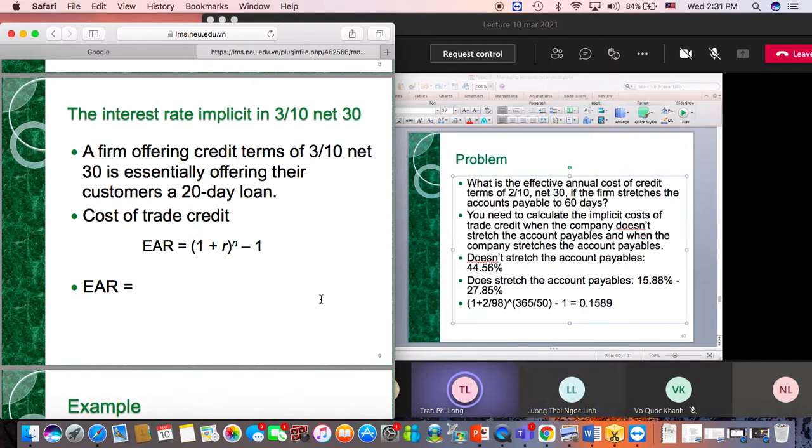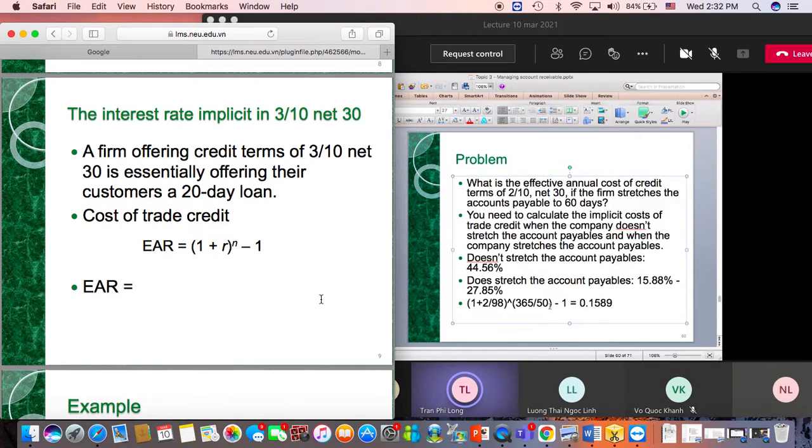Anyway, it's normal when you make a mistake. Can you tell me where you made the mistake so that your friend can avoid it? I thought that once we delay payment, we use the credit for 30 days instead of 50 days. That's my mistake.